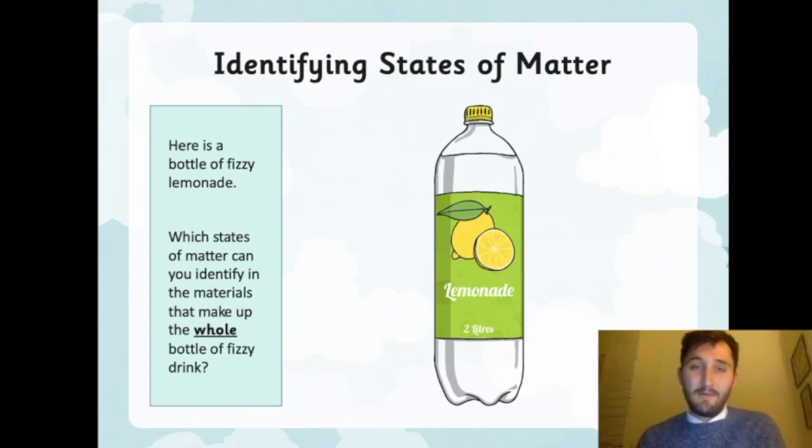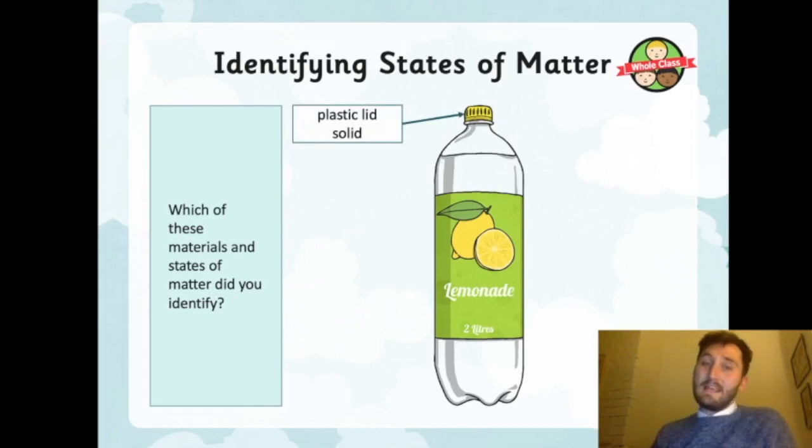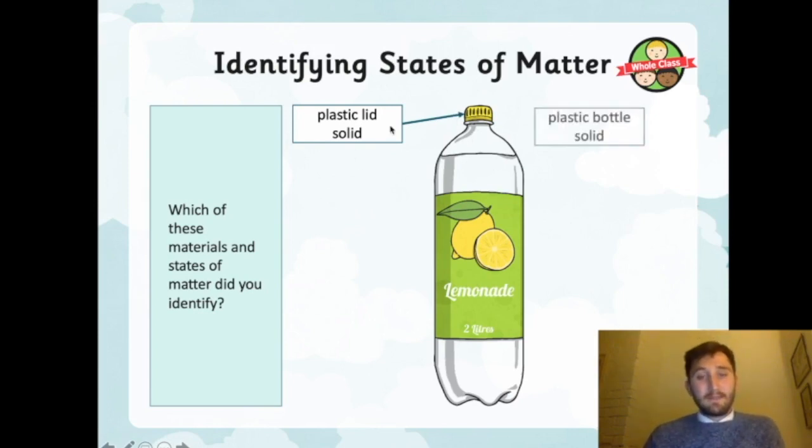Right, so hopefully you have drawn your bottle of lemonade and labelled each of the parts, either a solid, liquid or a gas. So let's see. Which of these materials and states of matter did you identify? So first, the plastic lid, the top of a lemonade bottle, that is a solid. Next, the actual plastic bottle.